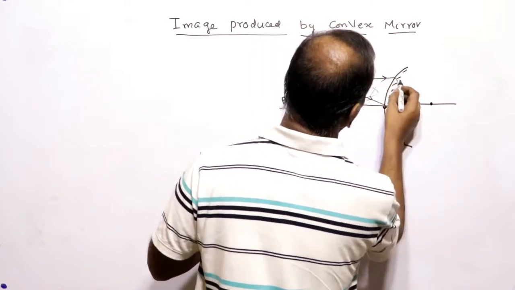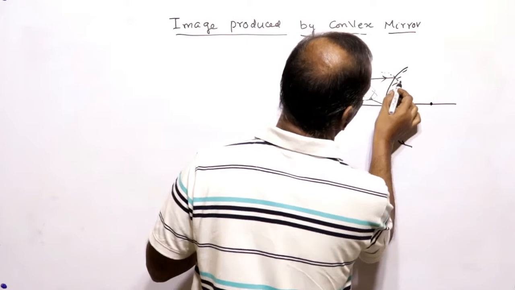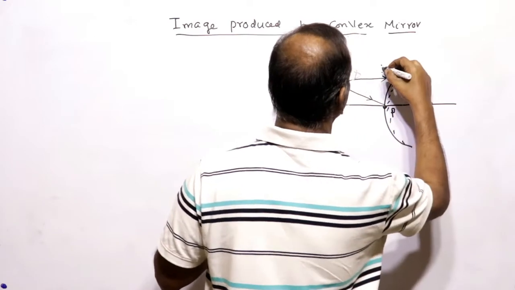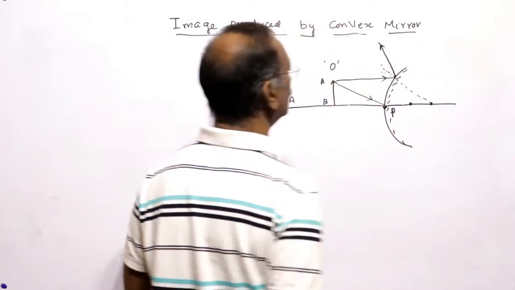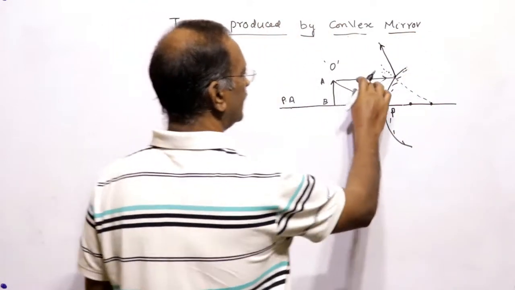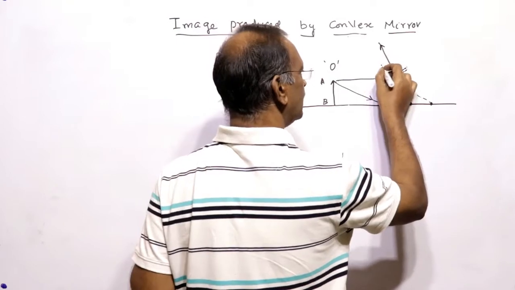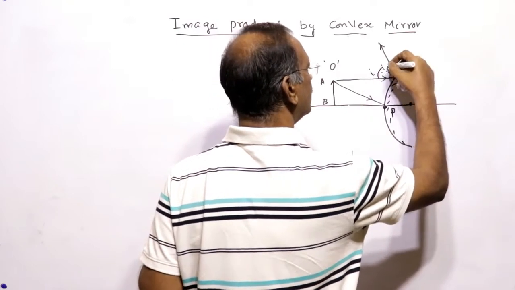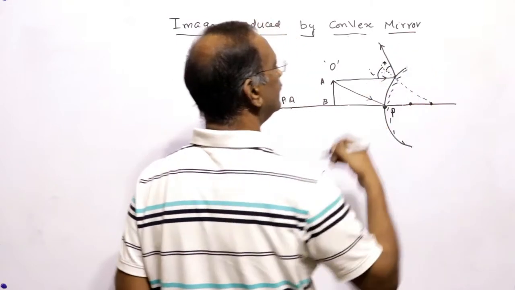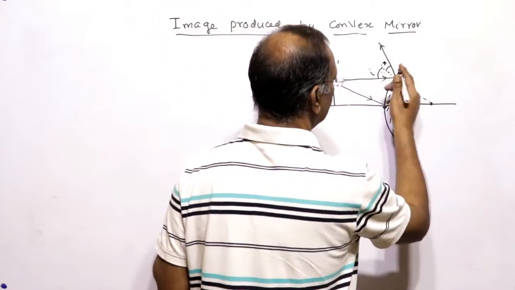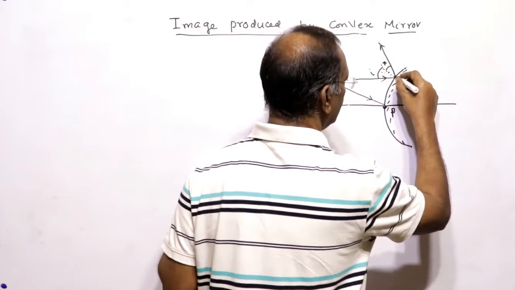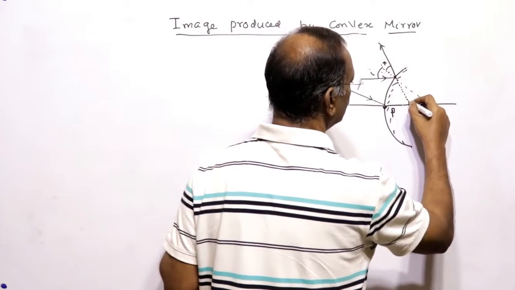From the center of curvature up to the point of incidence, we draw the normal. With respect to the normal, the ray will reflect like this according to the law of reflection. This is the angle of incidence, this is the normal, and it is reflected according to the law of reflection. Now, a ray which is parallel to the principal axis will appear to pass through the focus.